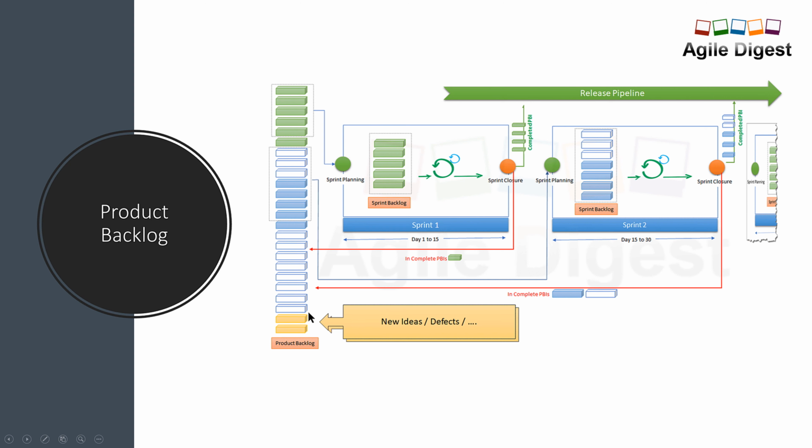So this is your product backlog, and from there we are picking a few stories from our user stories list. We do a sprint planning and make our sprint backlog.